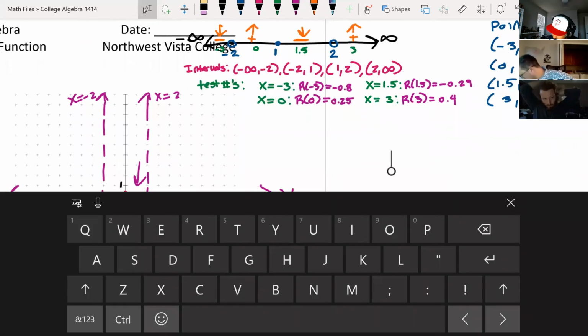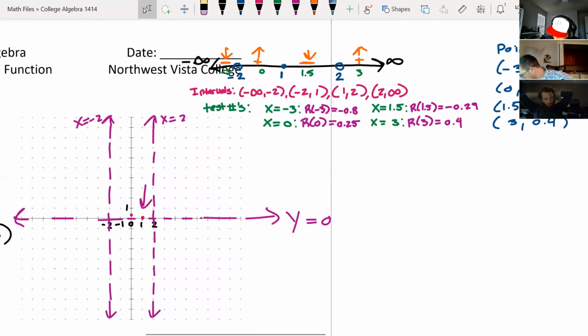Okay, so now let's go ahead and plot our first point. -3 and -0.8. So using red, let's stay with red or pink, whatever color this is. All right, -3 and -0.8. That's going to be somewhere down there. I'll just plot it there. This is just a sketch. Now, look at your sign chart.